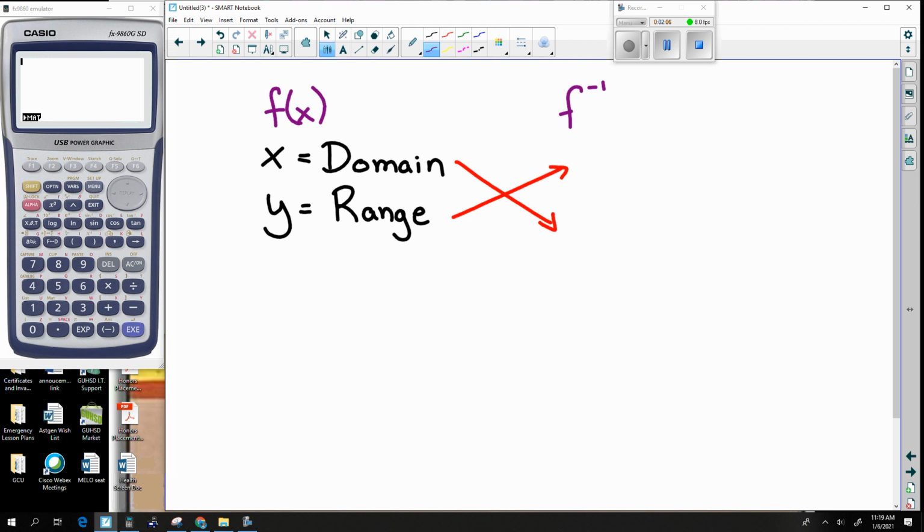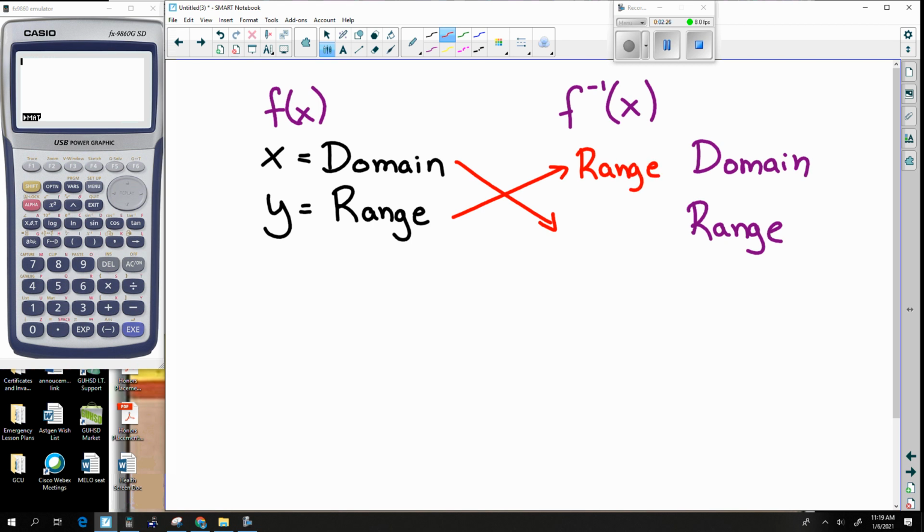This is an inverse. Here, x is still the domain, y is still the range. However, notice that from the original, its range is now the inverse's domain, and the domain is now the inverse's range. So they are one and the same when it comes to this.